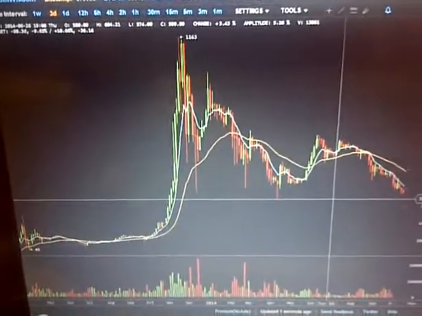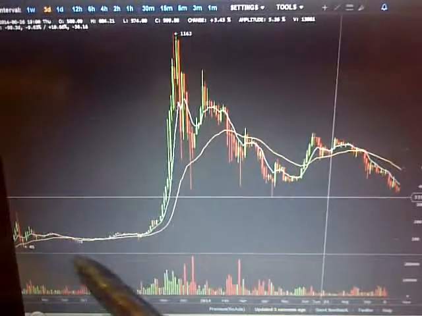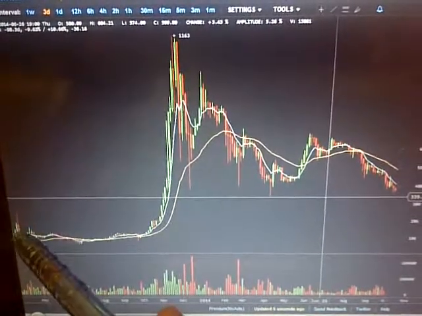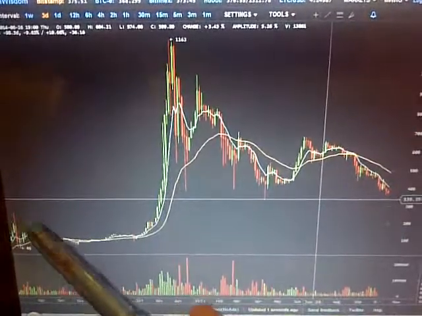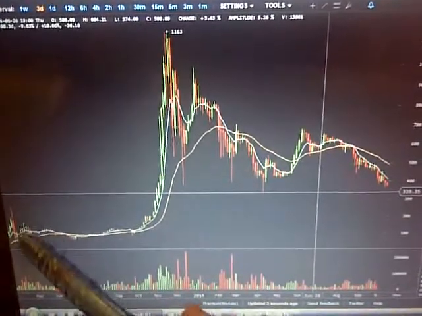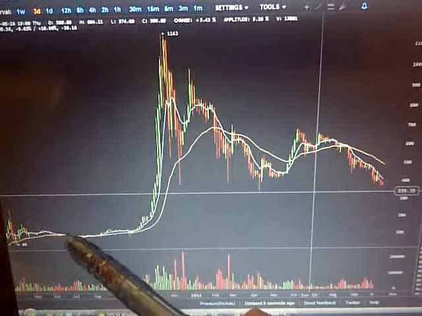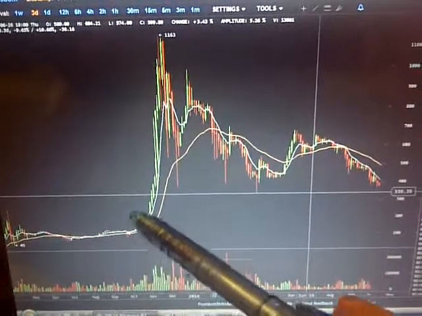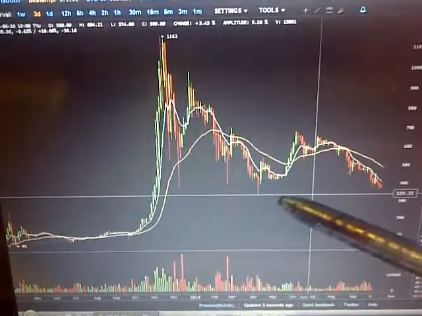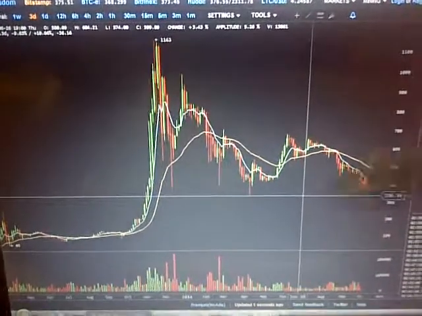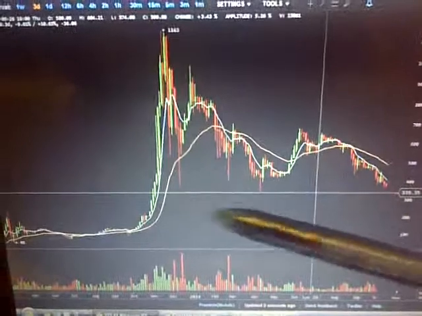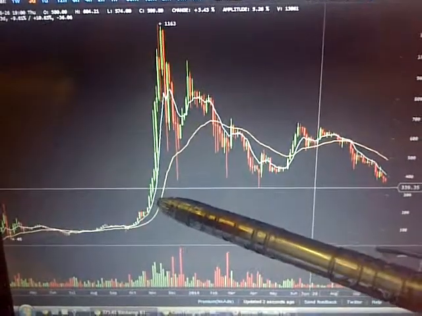Right? And just to give you an idea, this is kind of like 200 right here. This is a little bit before or after Silk Road. And if you look at this and it goes up, there's a couple of ways to see it here. When I first got in, I bought it around 250.